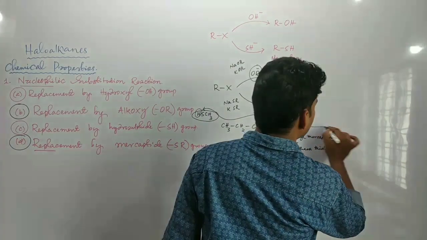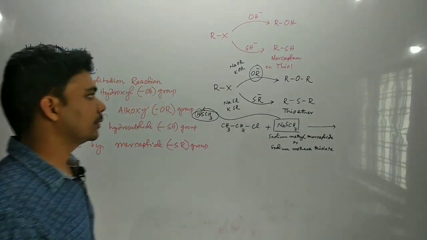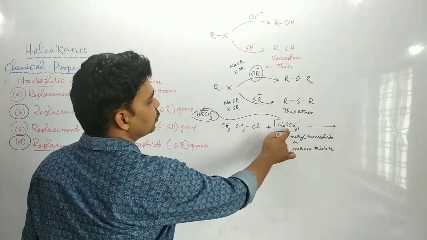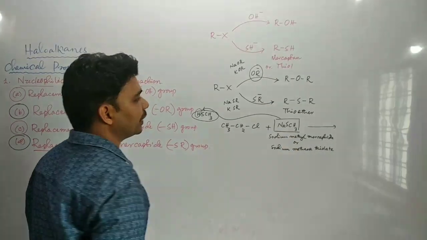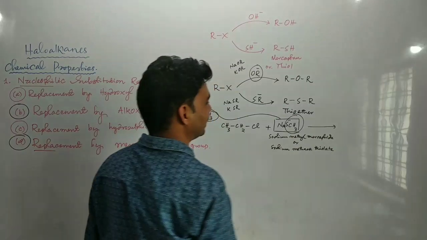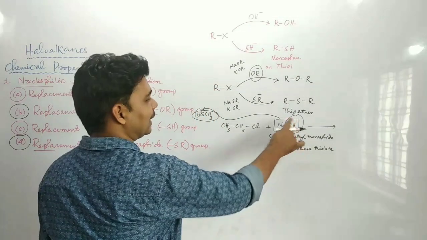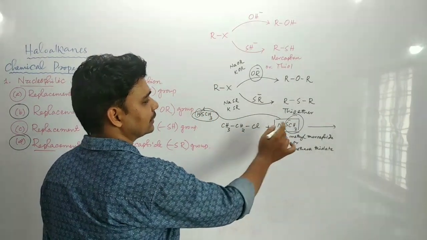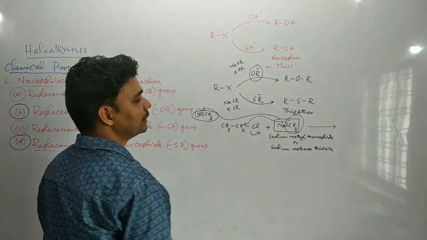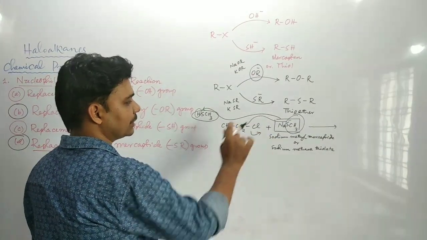Okay. Now come to the reaction. This is alkyl halide. This is the source of nucleophile. Which is the nucleophile here? SCH3 minus. This nucleophile will attack this carbon center, resulting in the removal of this chloride ion.